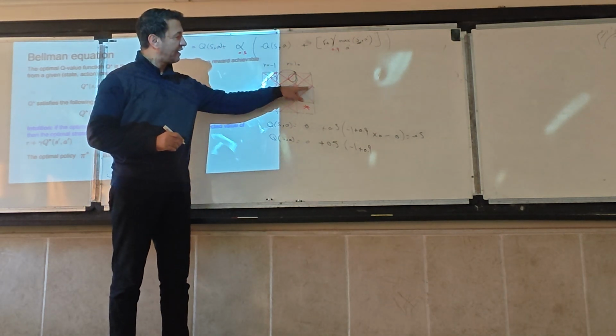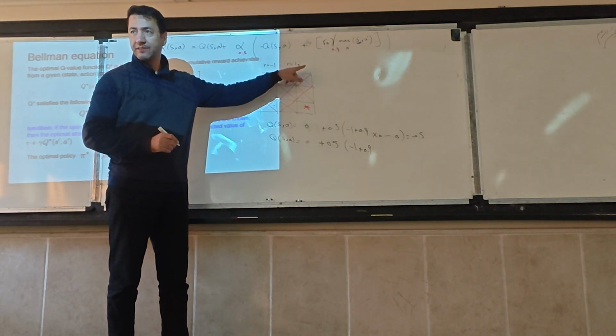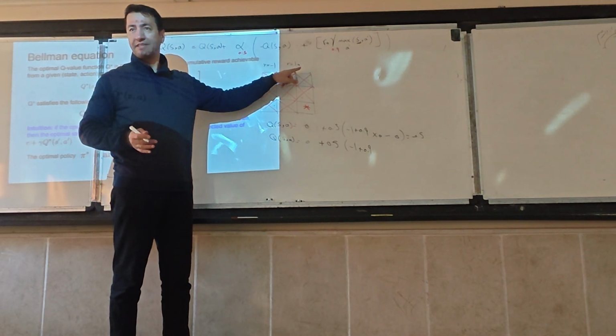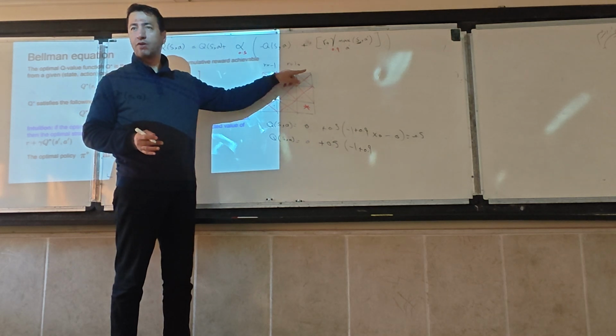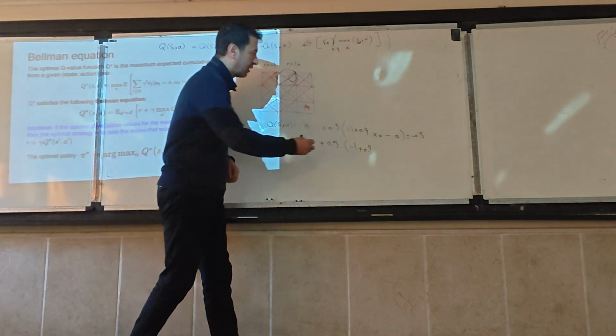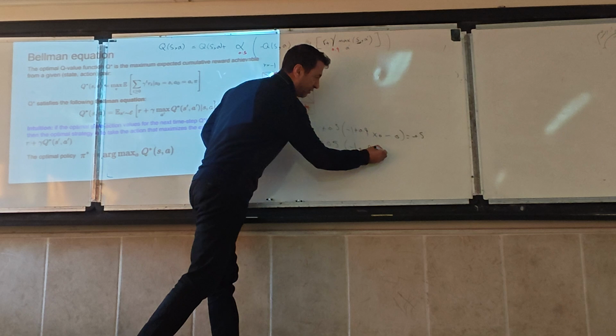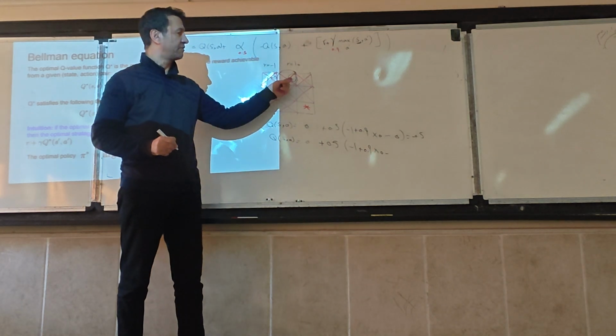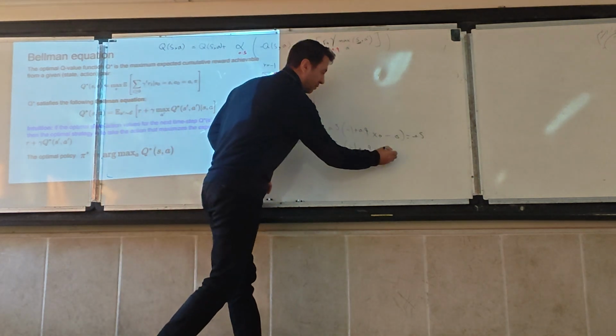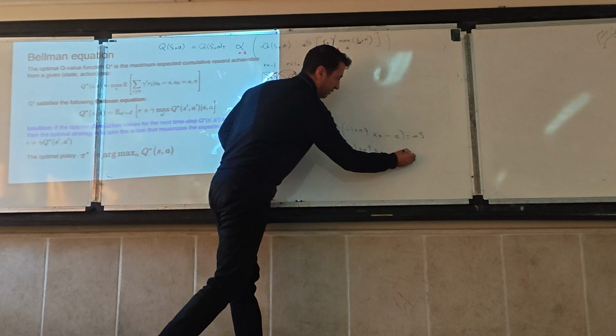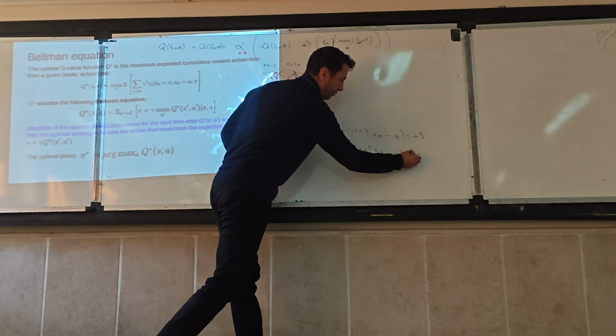The next room will be this. The maximum of Q(S,A) for all 4 is 0. So that will be multiplied by 0, minus the previous value of this room, which is 0. So that's why it is the same.